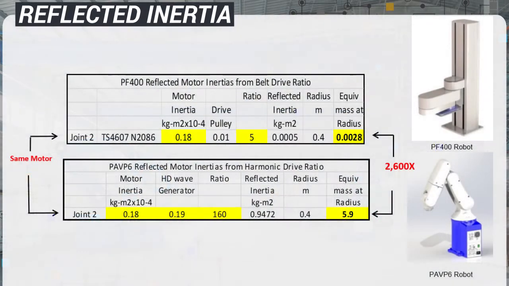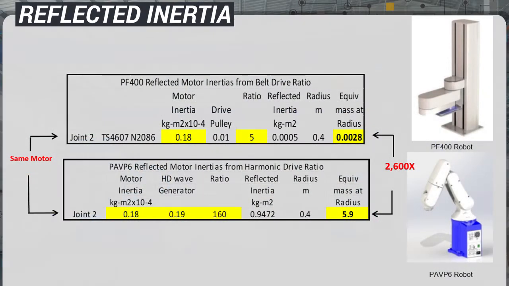Here, we compare the reflected inertias for the exact same motor for two robots which have dramatically different gear ratios. This table is for the PF400 robot, which has a timing belt ratio of 5:1 for a 200-watt motor. The square of this ratio is 25, and the equivalent mass at a 400 millimeter radius is an insignificant 3 grams.